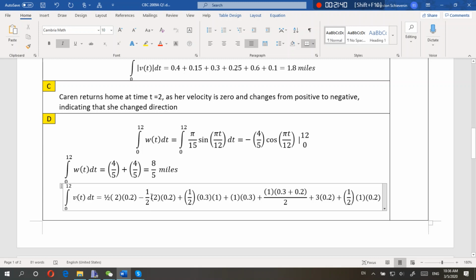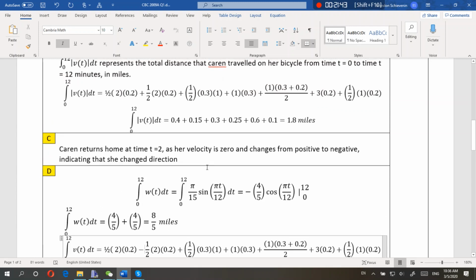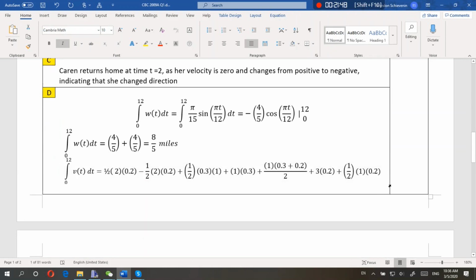So that's just going to cancel out these first two, which will leave us with all of the rest of this part.